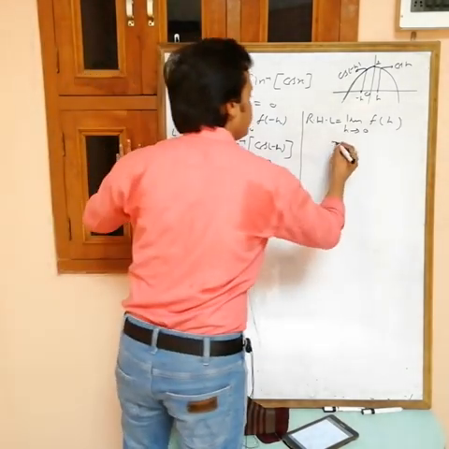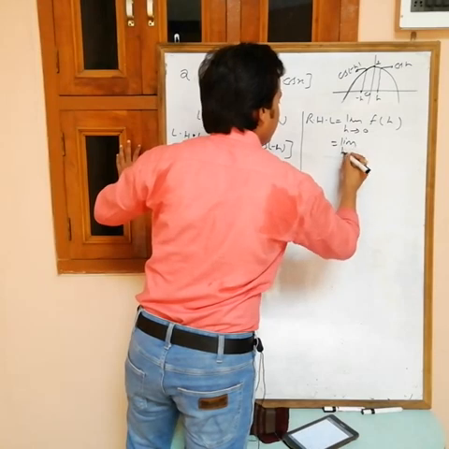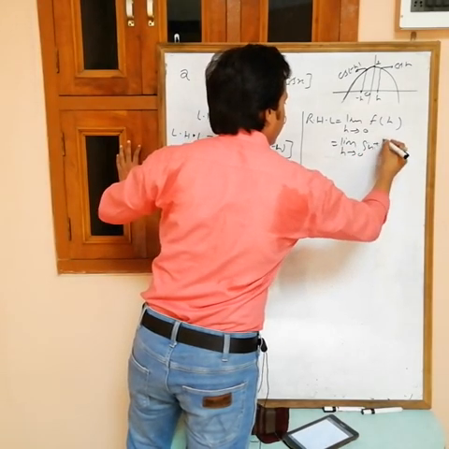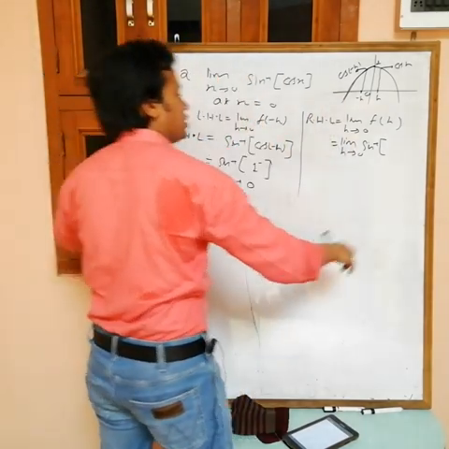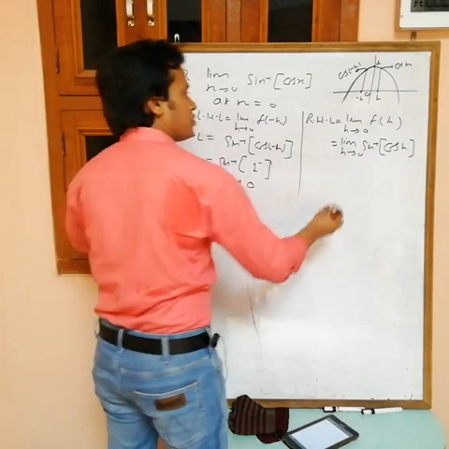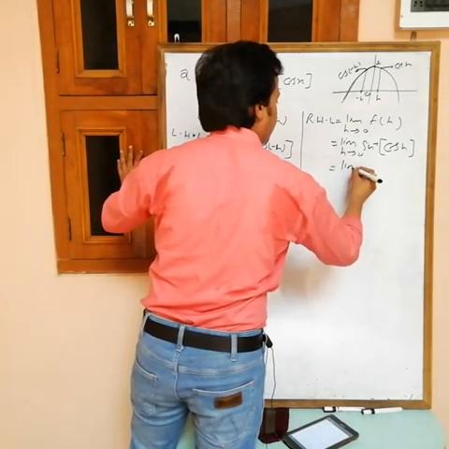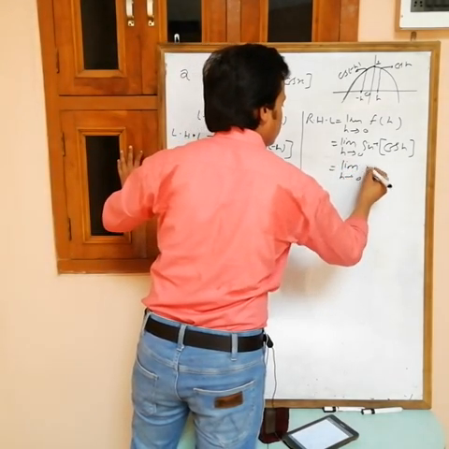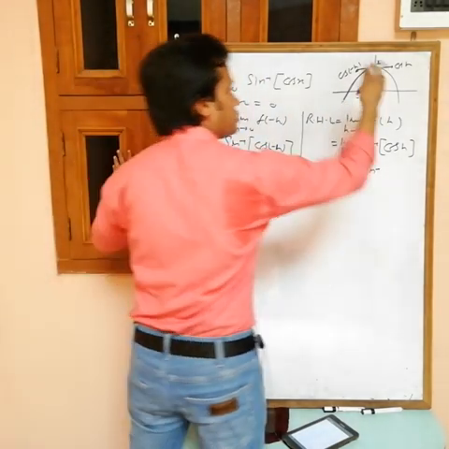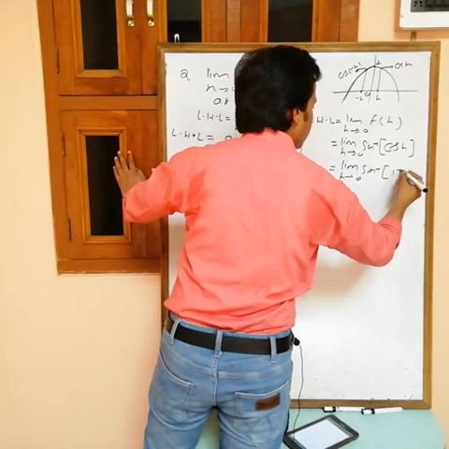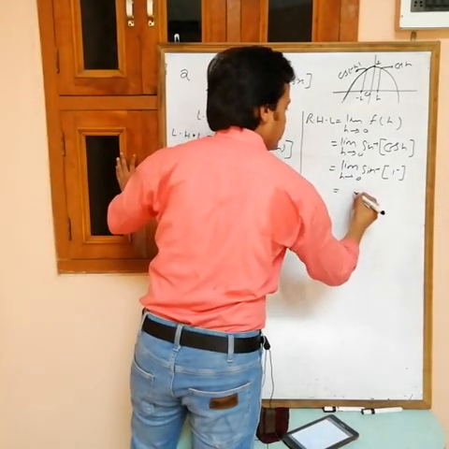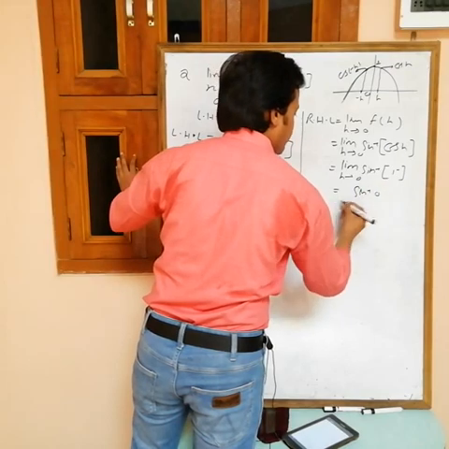Now find RHL. Limit h tending to 0, sine inverse, replace x with h, greatest integer of cos h. Now put h equals to 0. Limit h tending to 0, sine inverse of cos h. Again cos h is just less than 1, so 1 minus. If this is 1 minus, then the greatest integer of this is 0.